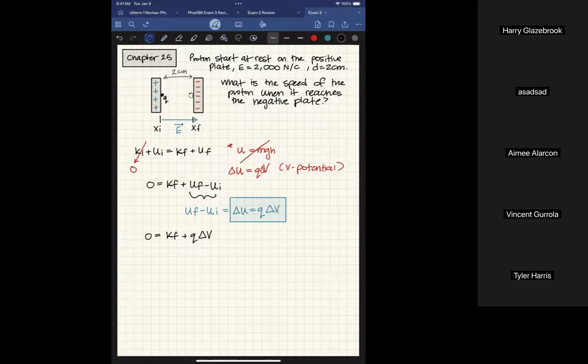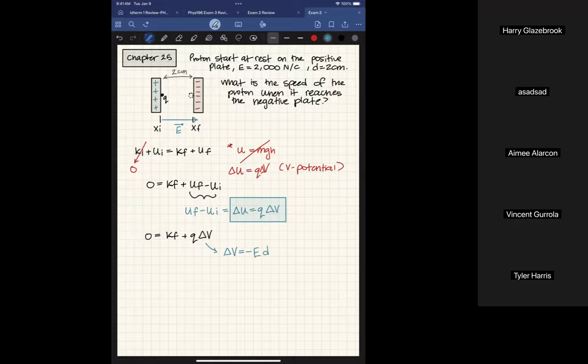I also know from my above formulas that I'm not given electric potential in this problem. I'm given electric field. So the way to go from electric potential to electric field in a capacitor is noting that the change in electric potential equals the negative electric field times the displacement.